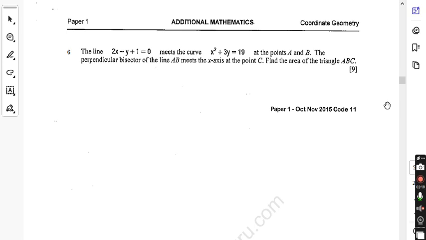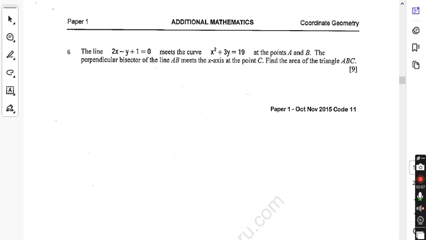And the question is: the line 2x minus y plus 1 equals 0 meets the curve x squared plus 3y equals 19 at the points A and B. The perpendicular bisector of the line AB meets the x-axis at the point C. Find the area of the triangle ABC. So we have to find the coordinates of A, B and C and then apply the formula for the area of a triangle.